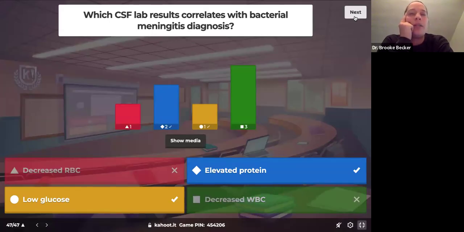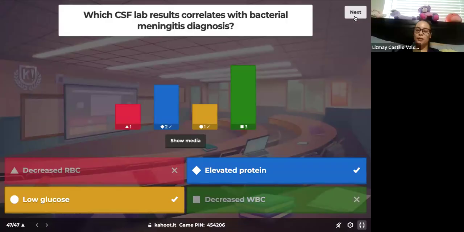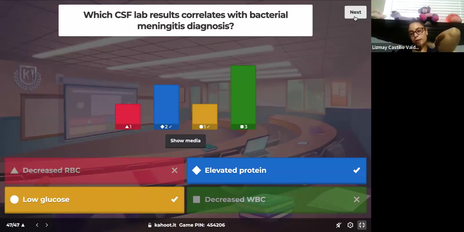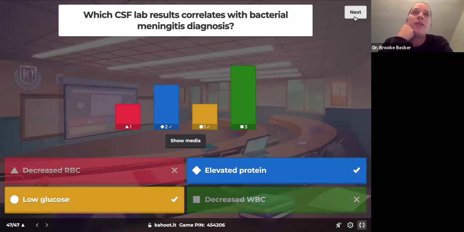What do you think your white blood cells would be in that sample? Because it's bacterial, increased. Going to be increased because those white blood cells are the first ones to fight whatever's going on, right? So if you have a bacterial infection in the CSF, they're going to be high because they're trying to fight off the infection. Yes. So you're going to have high white blood cells, not low. Okay. Good.